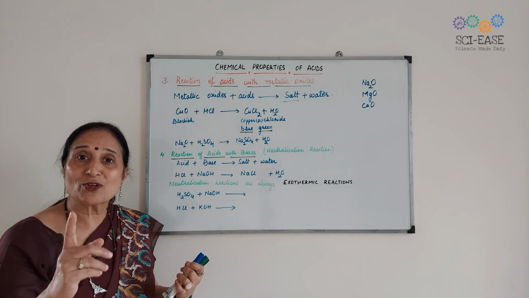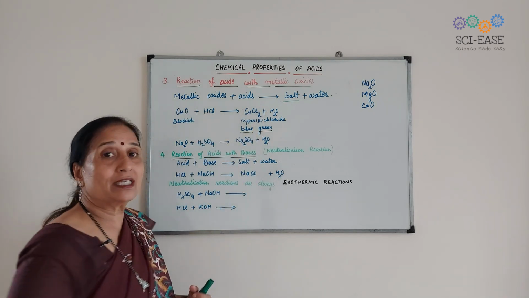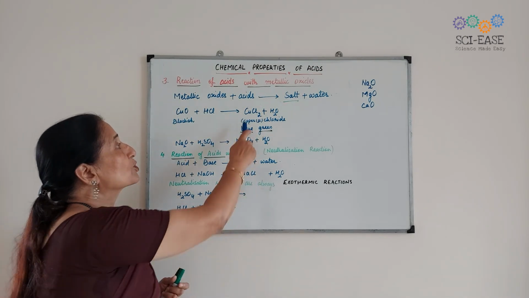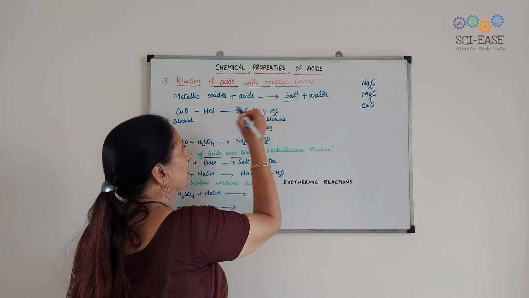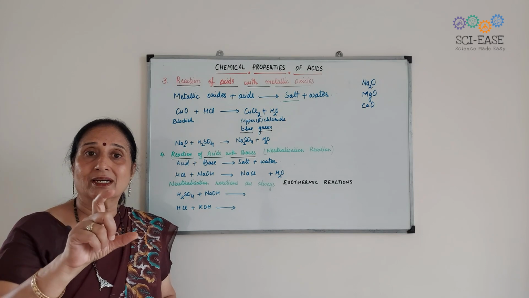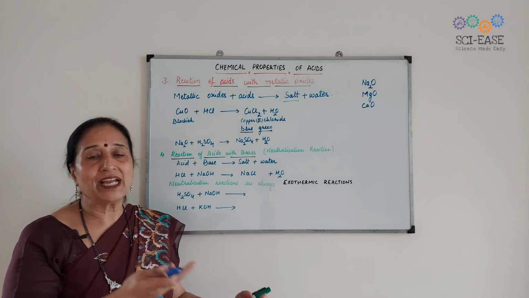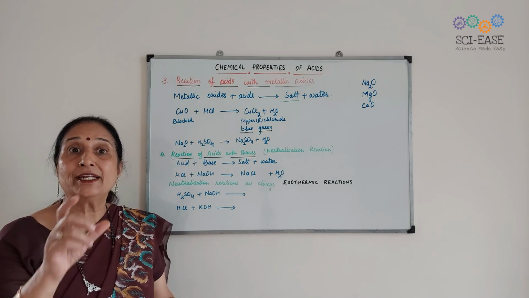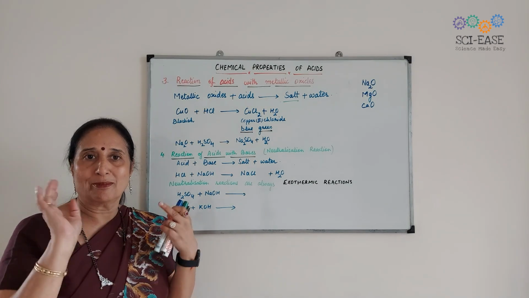Why? Because of the formation of CuCl2. What is CuCl2? It is copper 2 chloride. So, by seeing the change in the color of the solution, you can say that the reaction has taken place and now the chloride of copper has been formed.